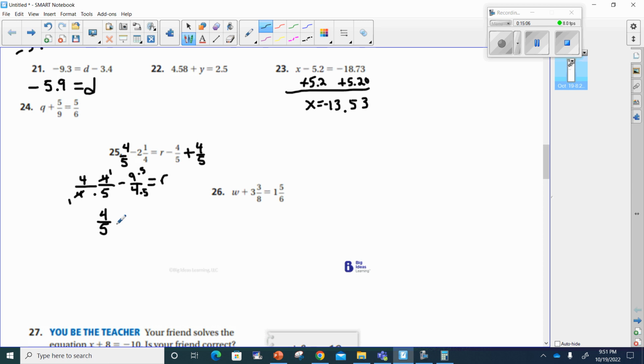Then we're going to subtract. 9 times 5 is 45. And I just realized we can't do this over here. We wanted a denominator of 20. So I'm going to have to backtrack a little bit here.